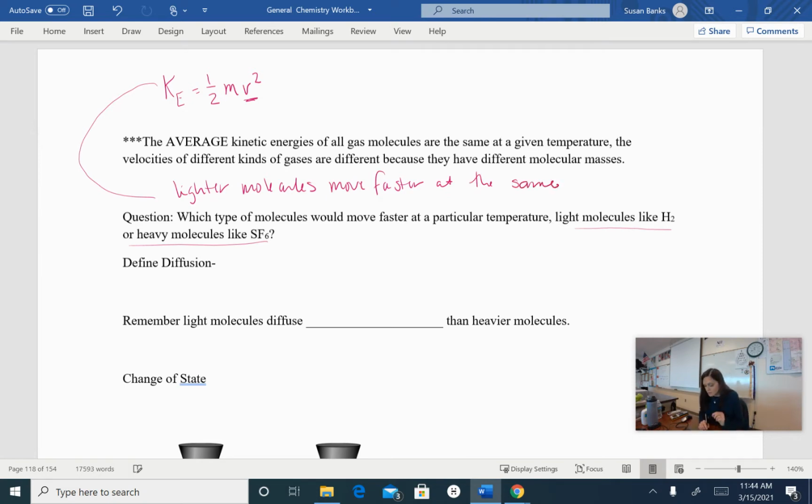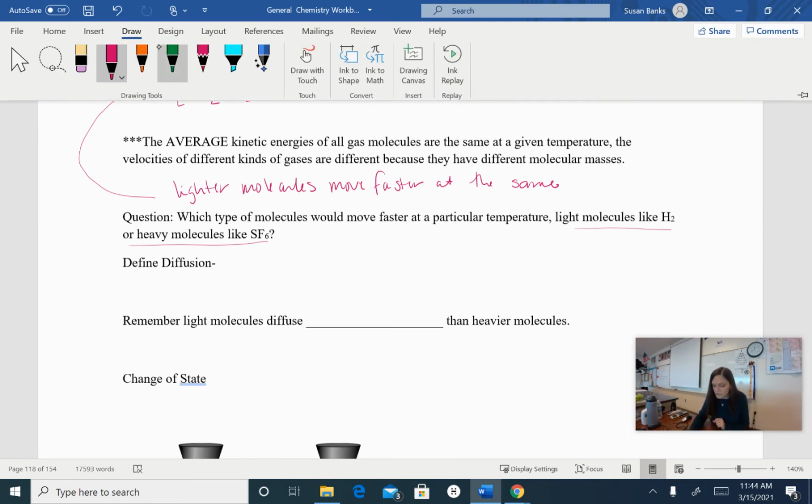Okay, so question. We need to now define diffusion. And I'm sure you've all experienced diffusion. If you've ever been in a room where somebody has sprayed cologne or perfume, and pretty soon, even in the back corner of the room, you can smell that perfume or that cologne, you have experienced diffusion. Diffusion, I want to get out the real definition here so I don't mess up.